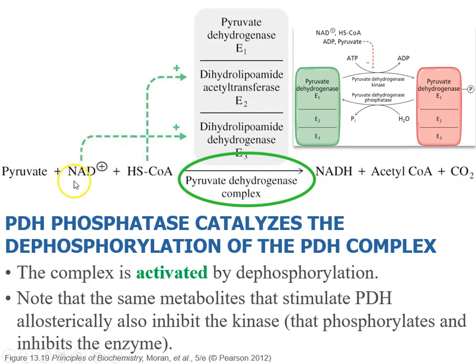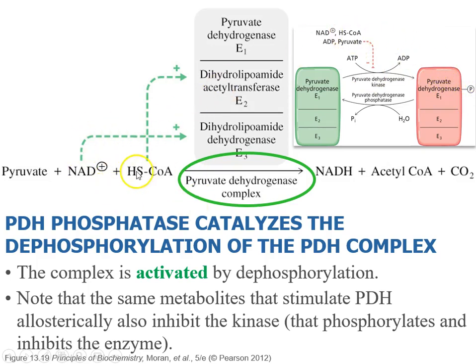So here again, the NAD+ and the coenzyme A that we saw activate the pyruvate dehydrogenase complex, they also, along with ADP and pyruvate, inhibit the kinase. So the kinase, remember, would phosphorylate and inactivate the enzyme.